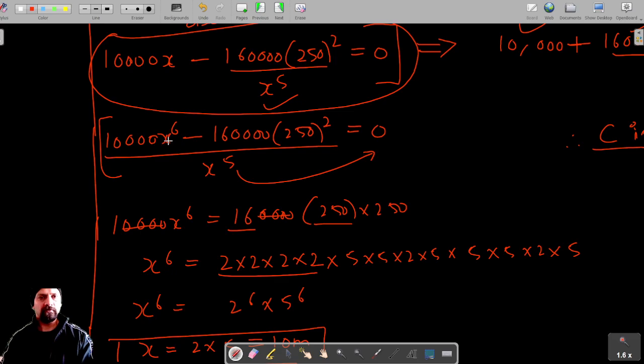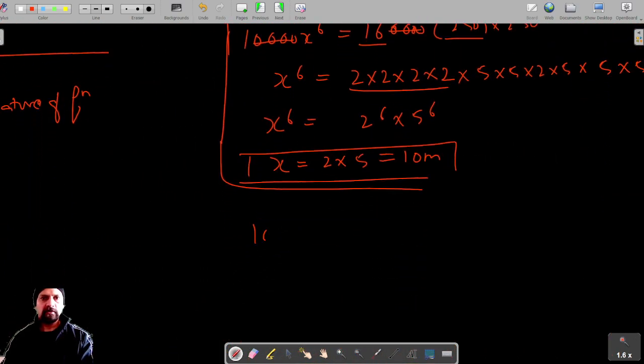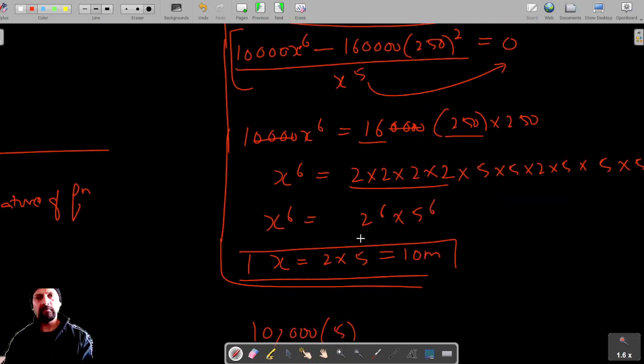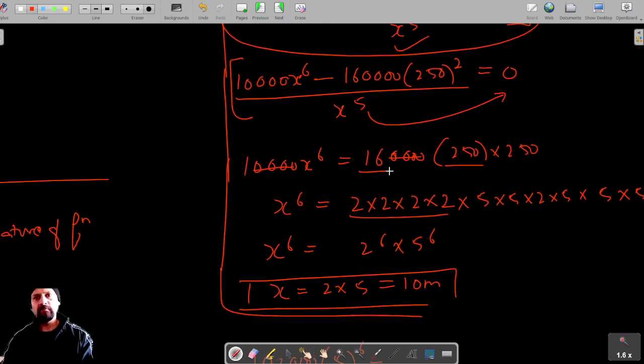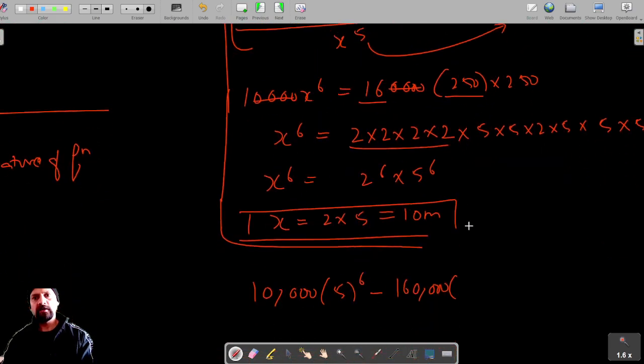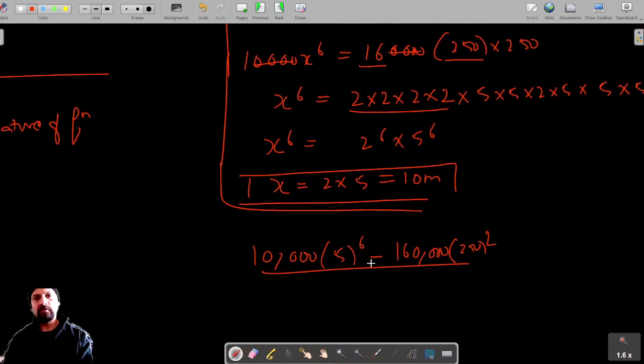So this gives us 10,000 into x is 5 raised power 6, minus 1,60,000 into 250 square upon 5 raised power 5.